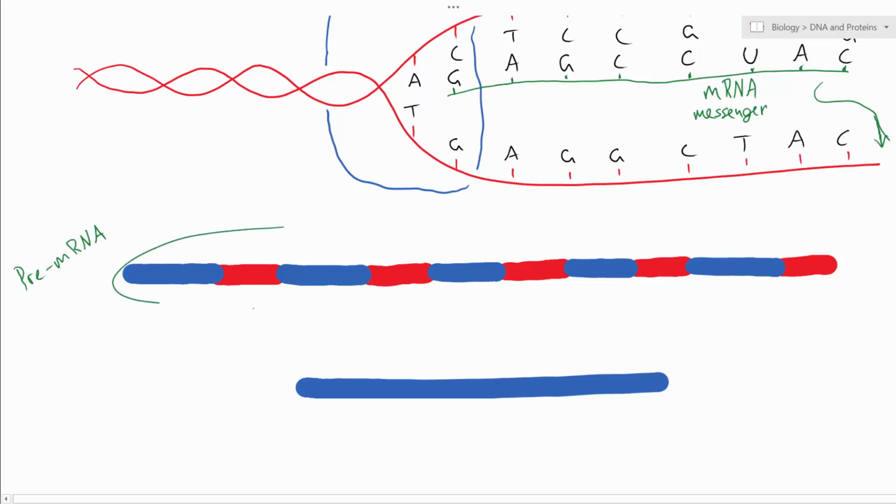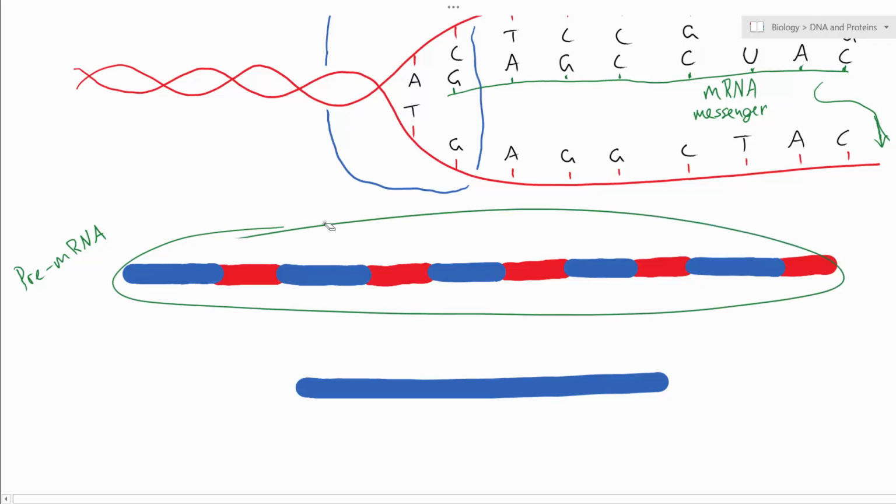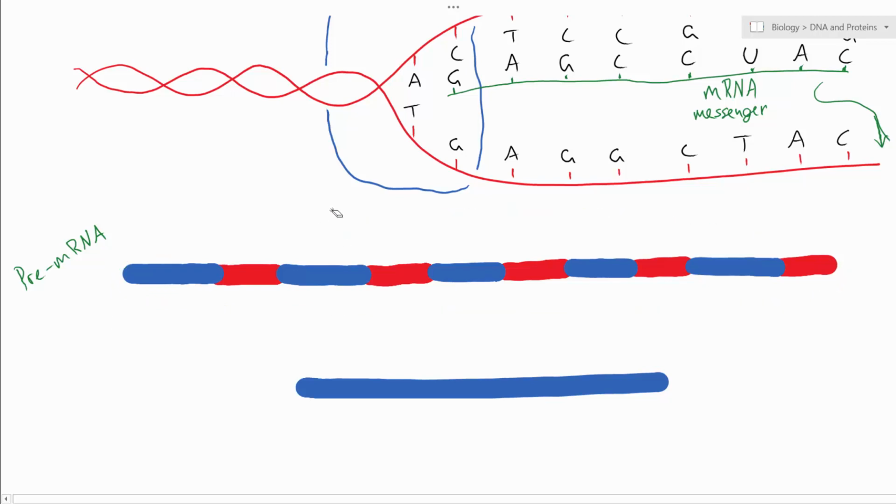So this is our pre-mRNA molecule here. So it's called pre-mRNA because it's kind of almost ready, but it's not quite. So on strands of DNA, on the template strands of DNA, we have some information in a gene which codes for something being created, and some information which doesn't.